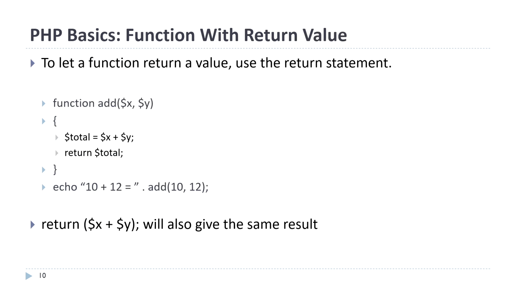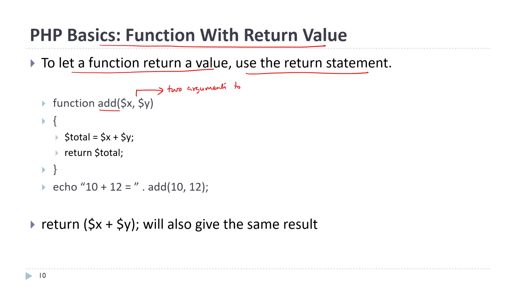Functions can also return a particular value. At the end of the execution of the function, if you want the function to return a value to the main program, use the return statement. So we declare a function called add, with two arguments, $x and $y.